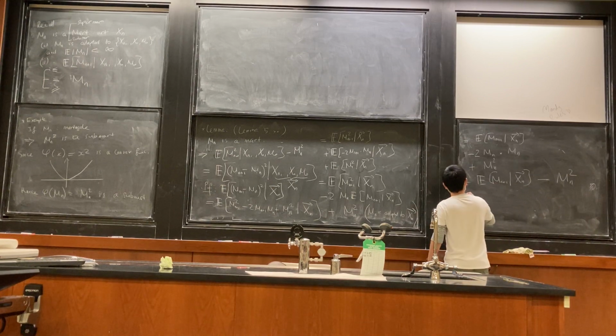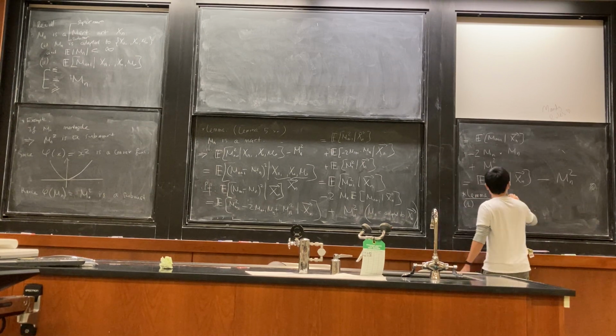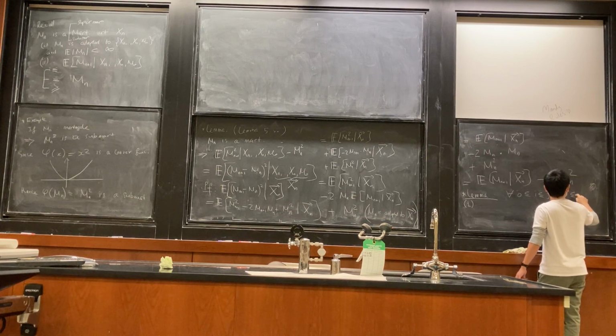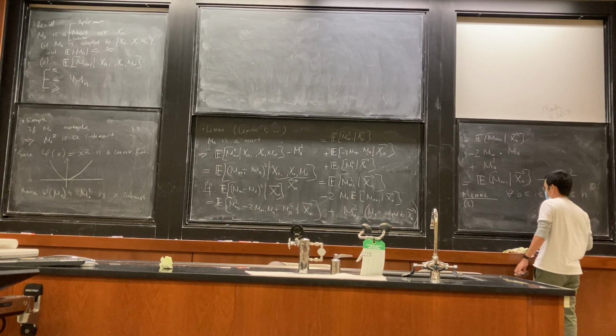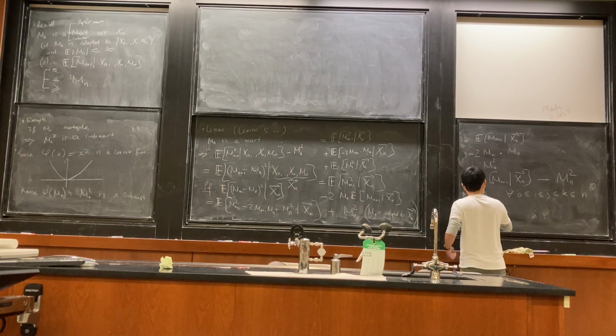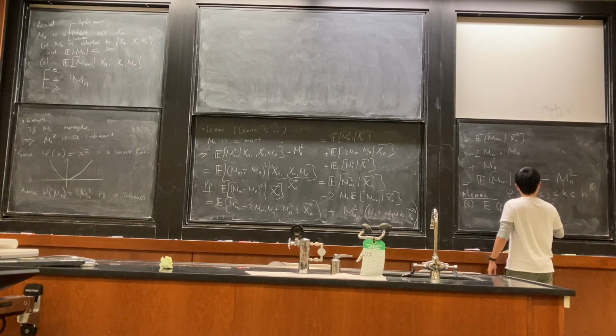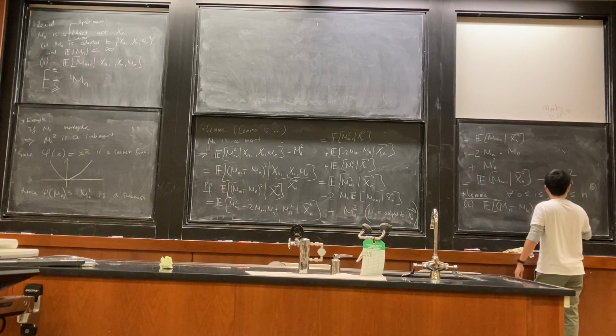Now let me move on to the next one. The next lemma is the following identity. For all 0 less than i less than j less than k less than n, we have the following: the expected value of Mn minus Mk multiplied with Mj minus Mi is 0.